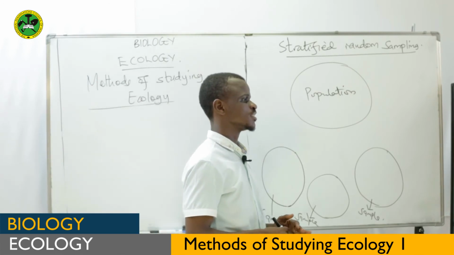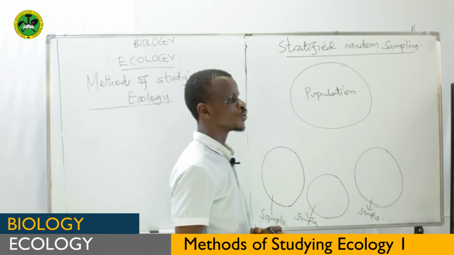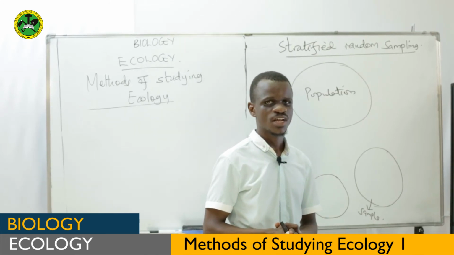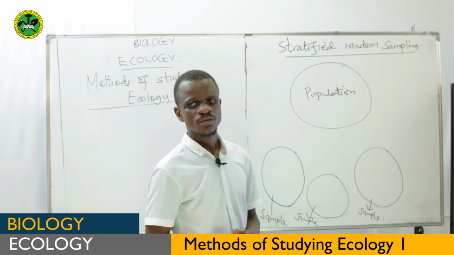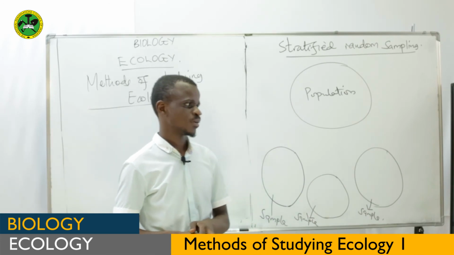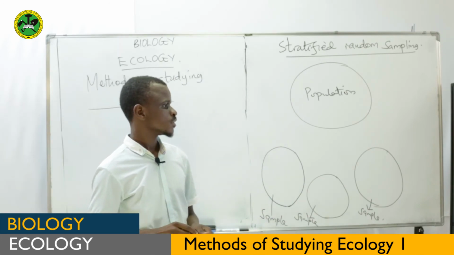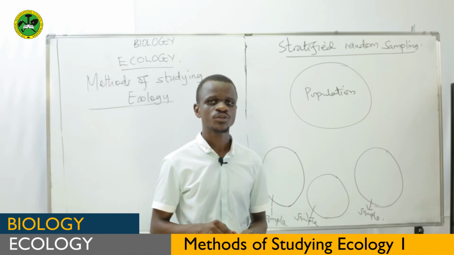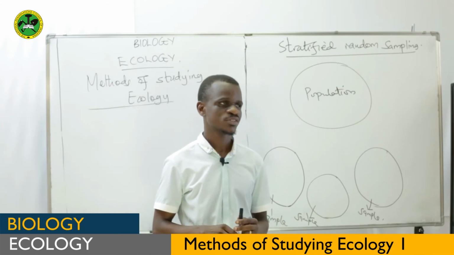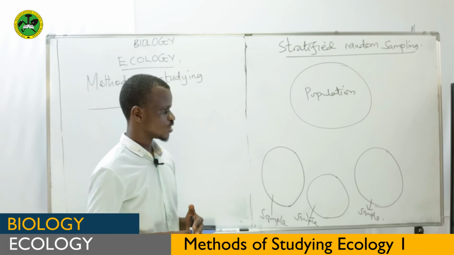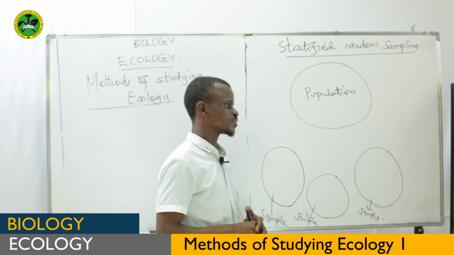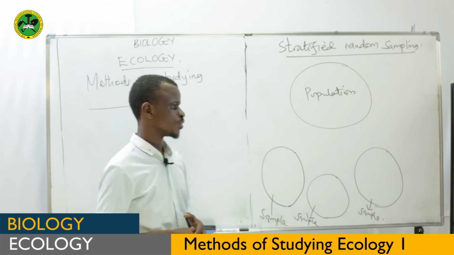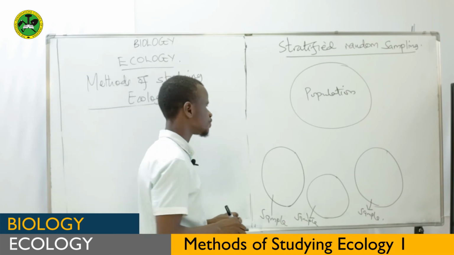Then you are asked the advantages. Therefore, you go directly to the advantages of simple random sampling if you are responding. But here, my student, I want to explain more about simple random sampling, systematic random sampling, and stratified random sampling before we answer this question.